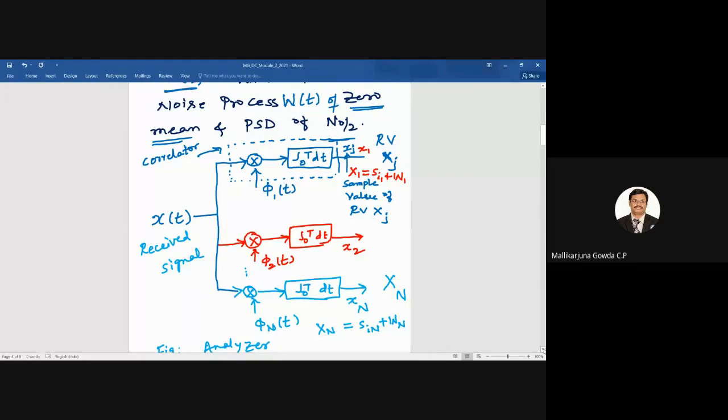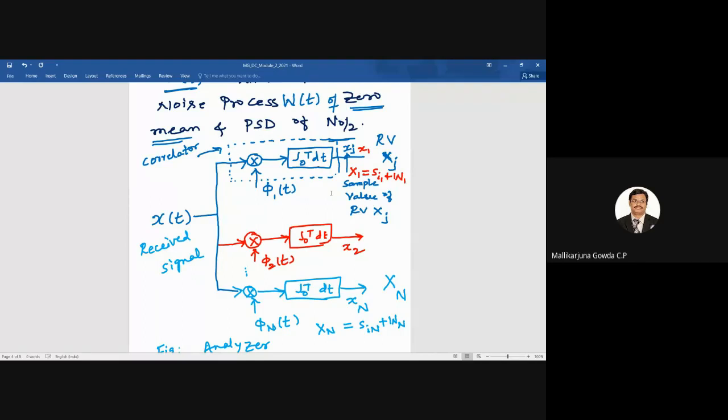Phi 1 of t, a multiplier followed by an integrator, is known as the correlator. The output of that correlator I denote as small x1, and so on up to xN, so I have N correlators.